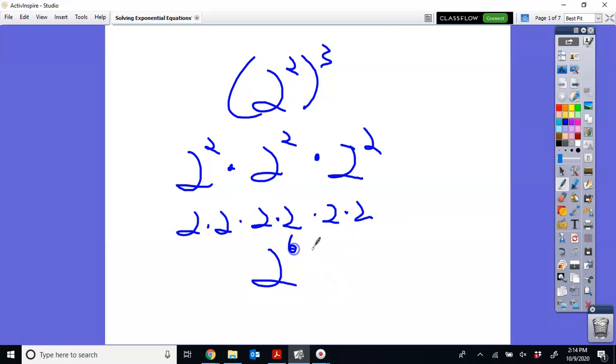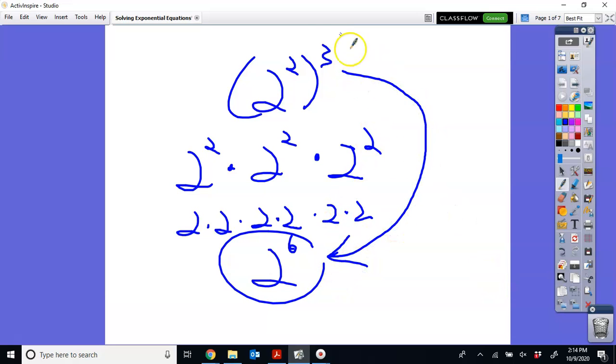There are 6 of them, so 2 to the 6th power. That means this is equal to that. In other words, 2 times 3 gives me 6. So I can skip all this explaining of how I got that exponent just by knowing that when you have a power or an exponent raised to another one, you multiply them and get the same answer.